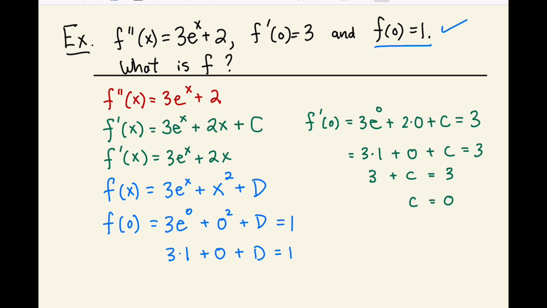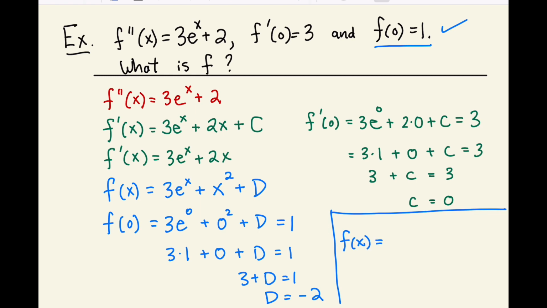Then I have 3 plus d is equal to 1, so d is equal to -2. Okay, and this implies that my final answer is f of x is equal to 3e to the x plus x squared minus 2. And then that would be my final answer.